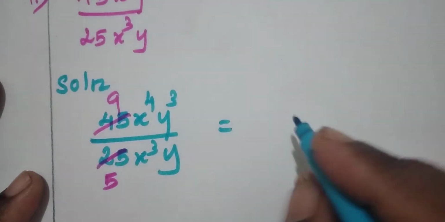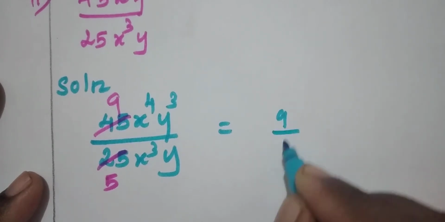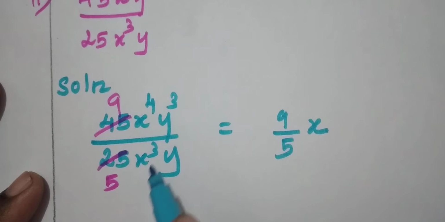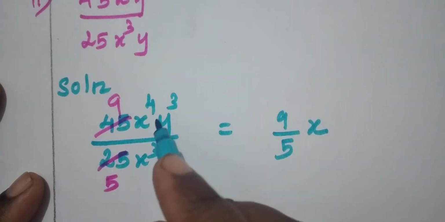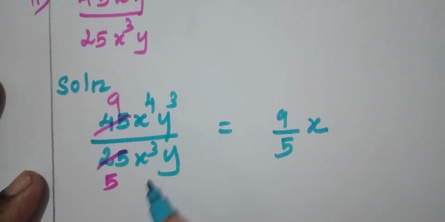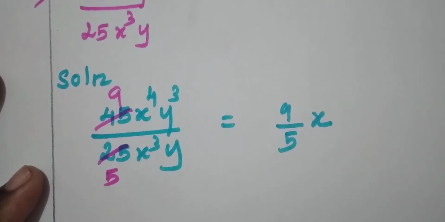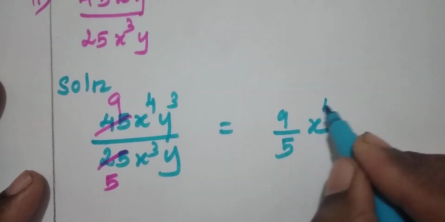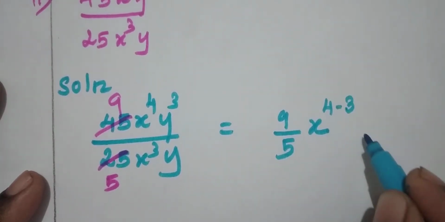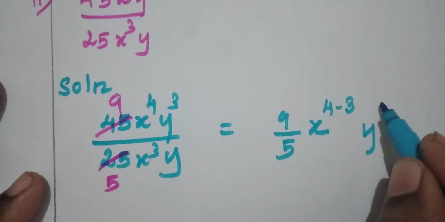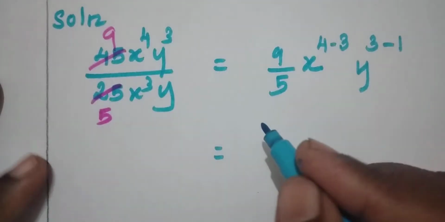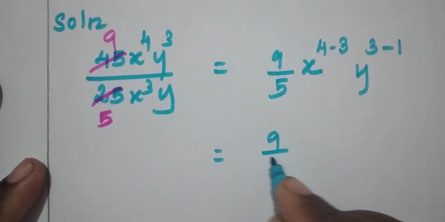So you can write this one as 9 by 5 x power. So this is based on the formula a power m divided by a power n. What's the value of a power m divided by a power n? Yes, a power m minus n. So x power 4 minus 3. Similarly, y power 3 minus 1, which is equal to 9 by 5.